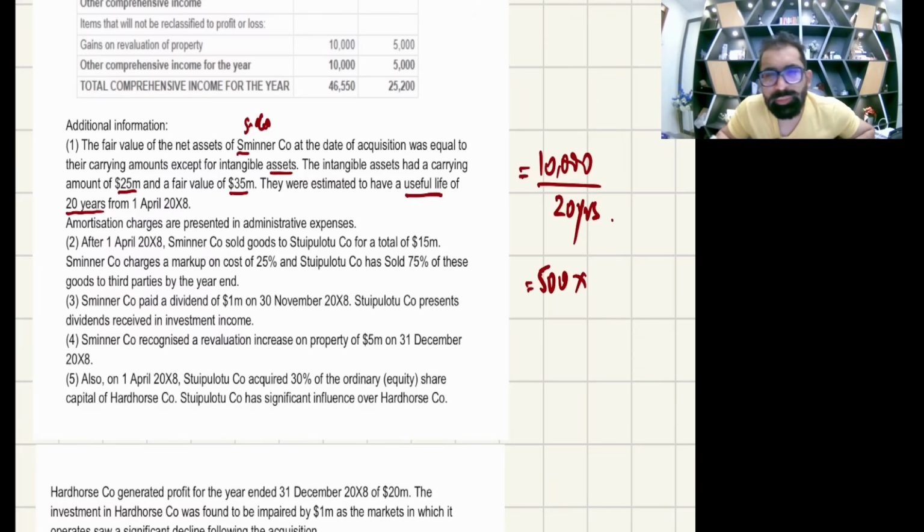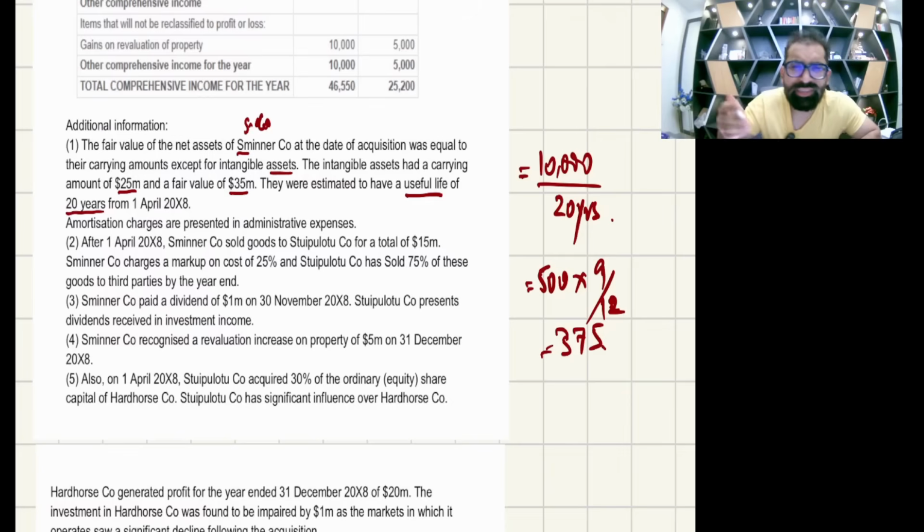But for the subsidiary company, we are doing income statement, and income statement is always for the year. The subsidiary company is with us for only 9 months, so we need to make a 9 months adjustment. So 500 into 9 upon 12 is 375. Okay, so this is the excess depreciation.